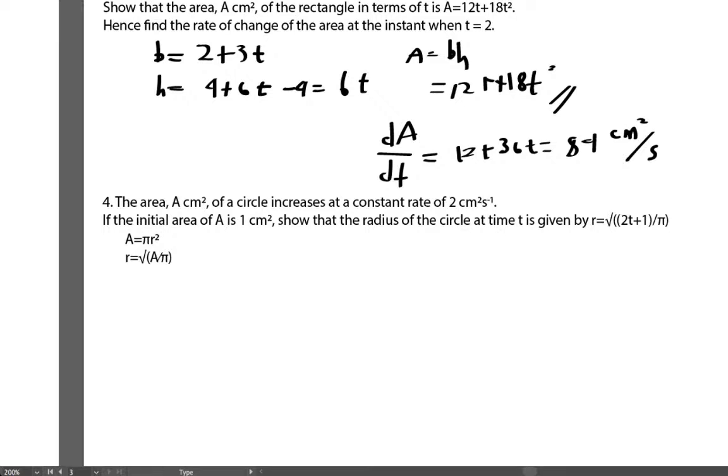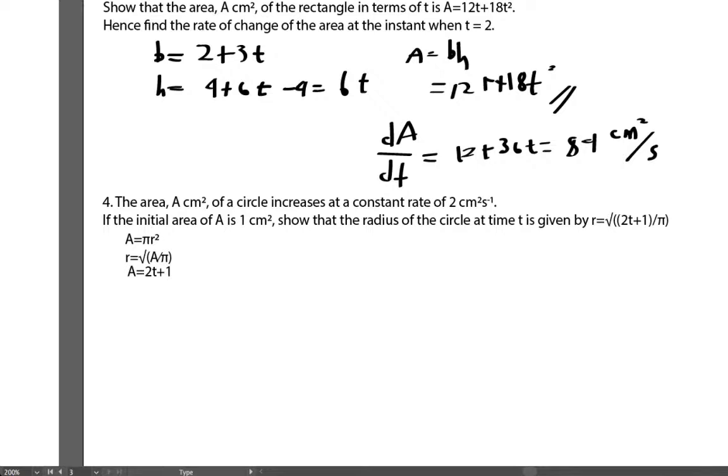This thing basically states, show that the radius. My first intuition, with the knowledge that the pi is there and the r is there, is that A must be 2t plus 1. You know what? Let's redo that. A equals 2t plus 1, because of some fact that you know.